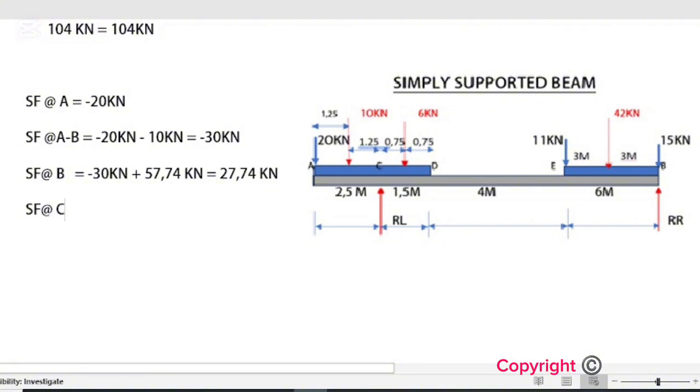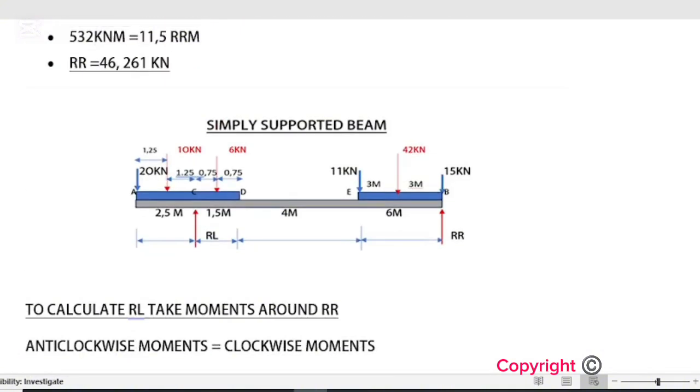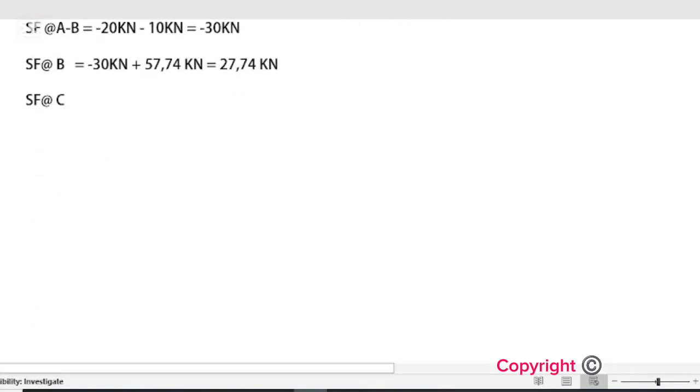So shear force at C, let me go and check. Shear force at C, at D, okay, between C and D, this is shear force at B. Okay, let me go and check.